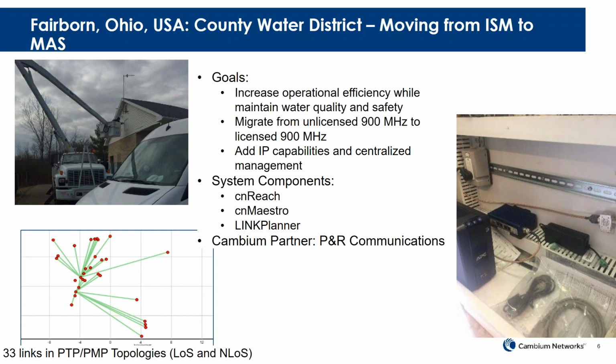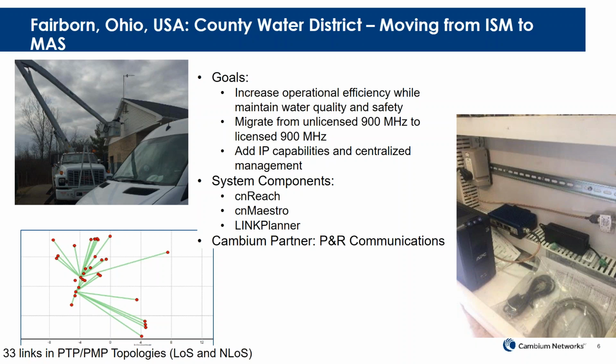They used Link Planner. You can see that in the lower left, a snapshot of Link Planner, to plan the network and see what capacity they could achieve in licensed and unlicensed. Again, Link Planner lets you select which band you're using. And with the Link Planner release 4.8.1 that came out last week, we can now do point-to-multipoint planning with cnReach.